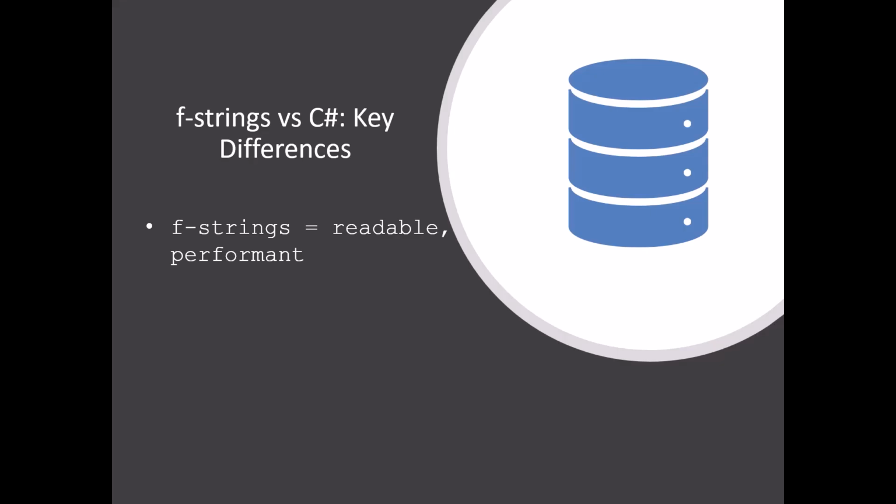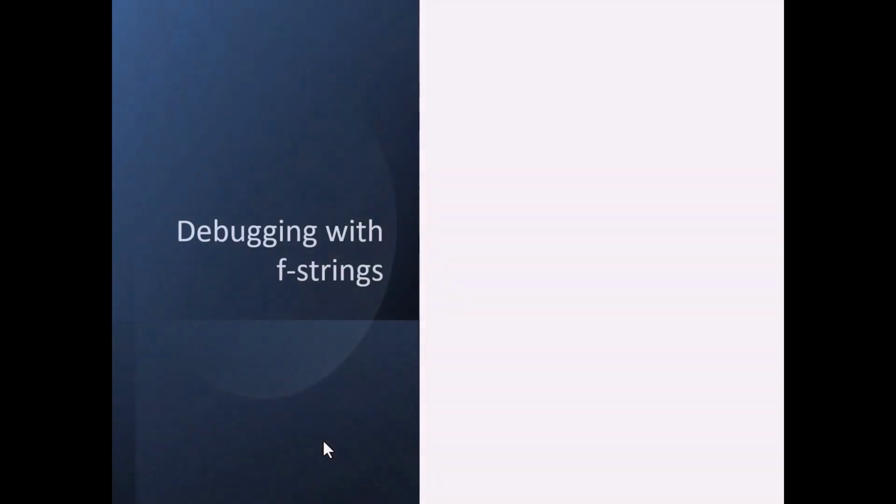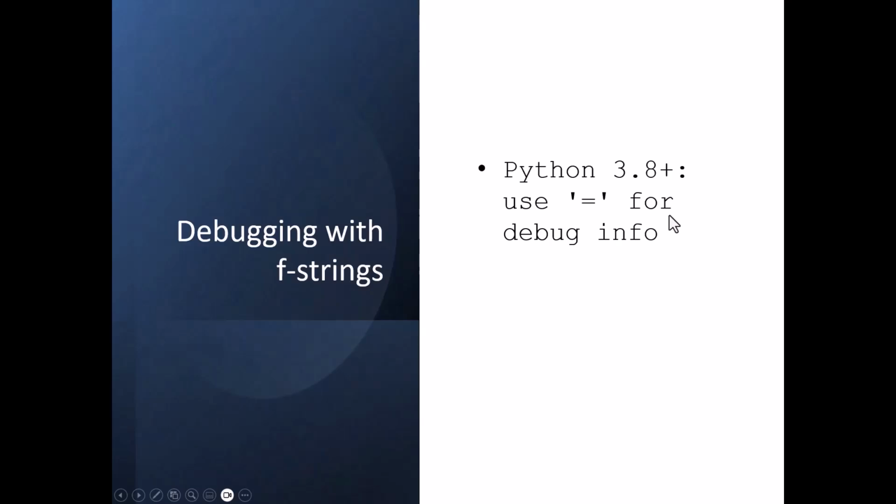Now the last thing is about the DataFrame output that we have already just seen, and the key differences. F strings are readable, performant, and introduced in Python 3.6, evaluated at runtime. And these are the old styles before F strings, percentage formatting and the dot format method. And from 3.8 plus version, we use equals for debug info, like learning_rate=0.01.